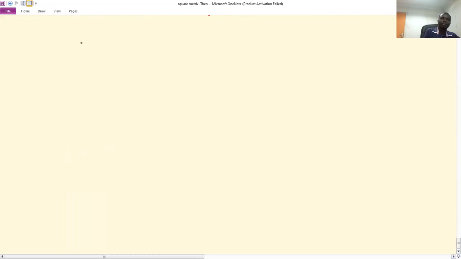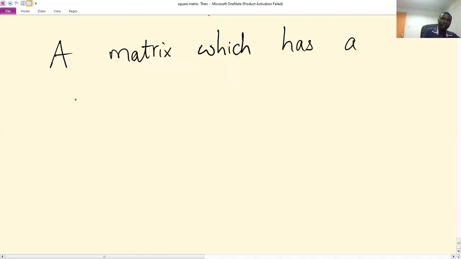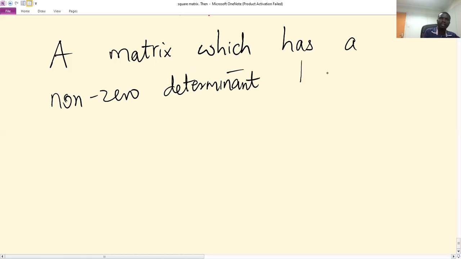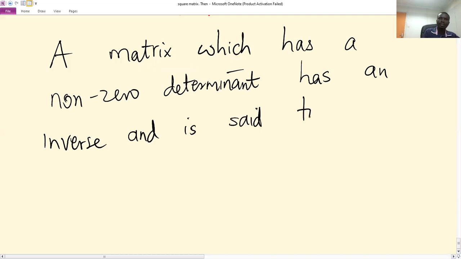So a matrix which has a non-zero determinant has an inverse and is said to be invertible.